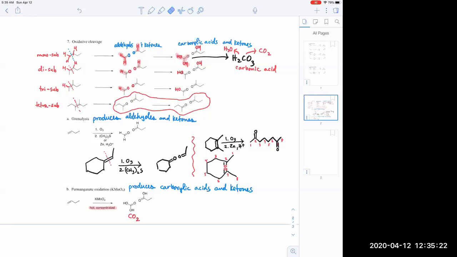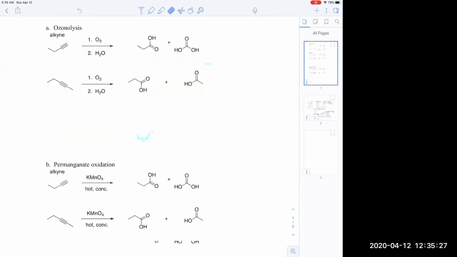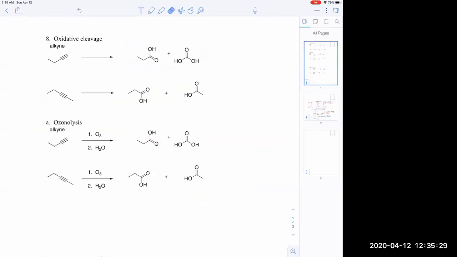All right, let's now look at the oxidative cleavage for the alkyne. For the oxidative cleavage of the alkyne, you'll want to look at what type of alkyne you have.